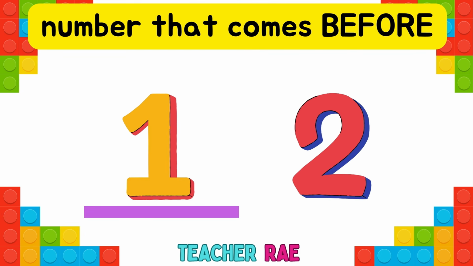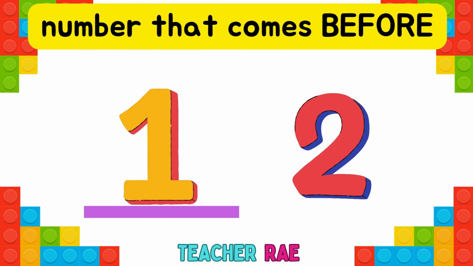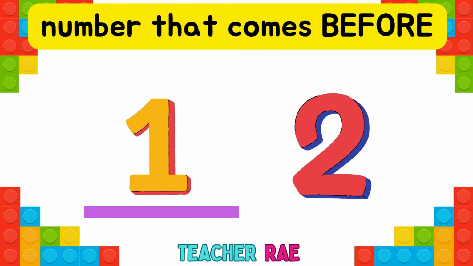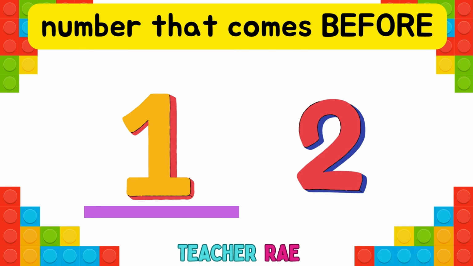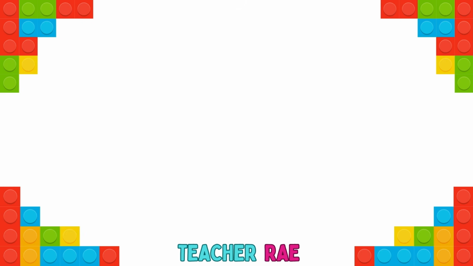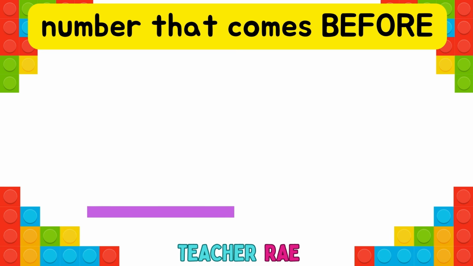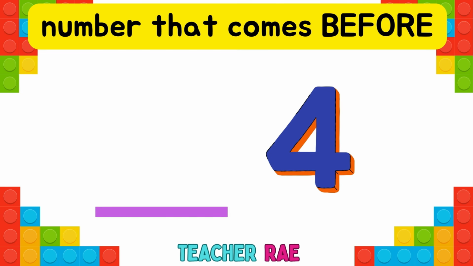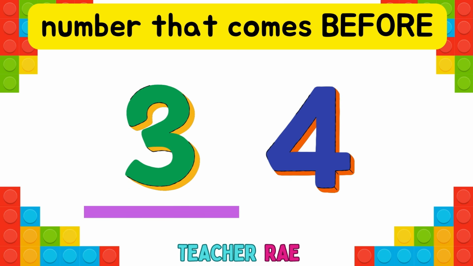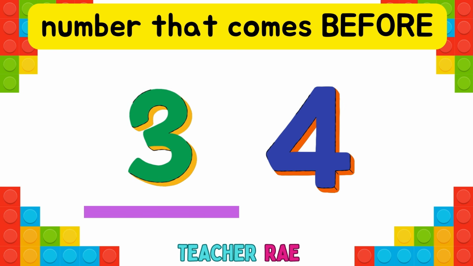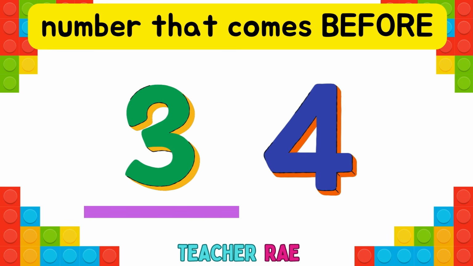It's 1. 1, 2. What is the number that comes before 4? It's 3. 3, 4.